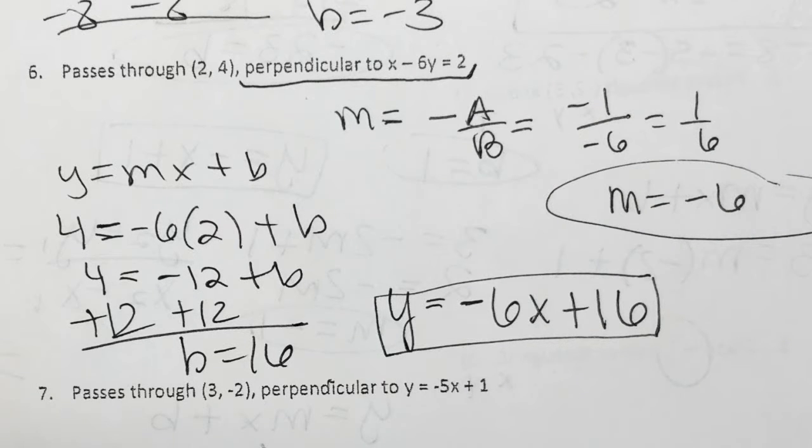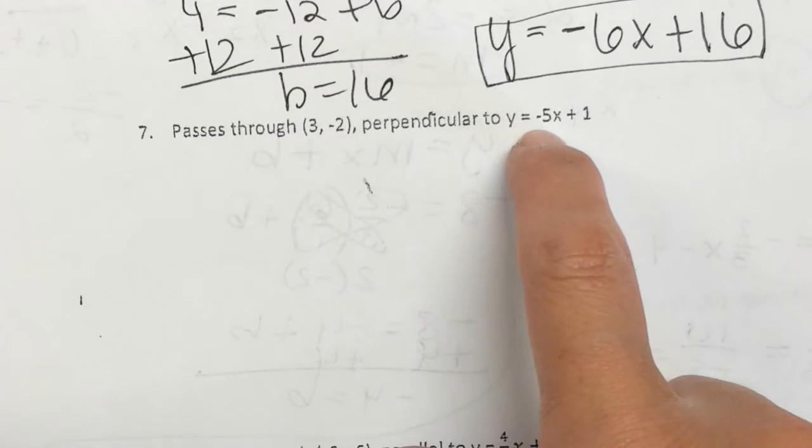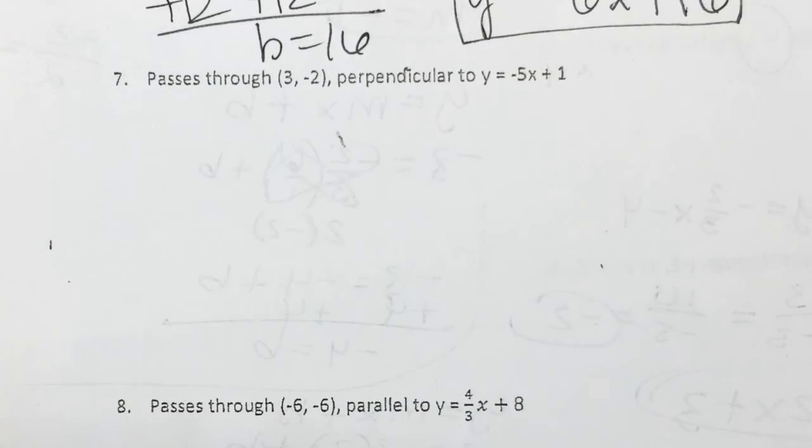Alright, I want you to try 7 and 8 on your own. Make sure that when it says perpendicular, you don't use this slope. Okay? Go ahead and try 7 and 8 on your own. And I'll scroll back up if that needs to.